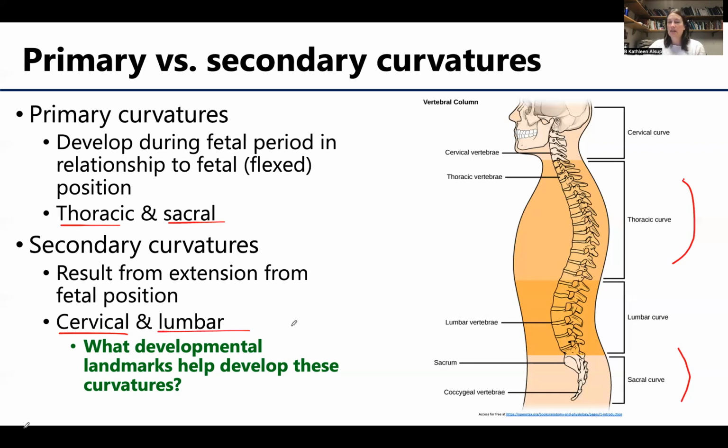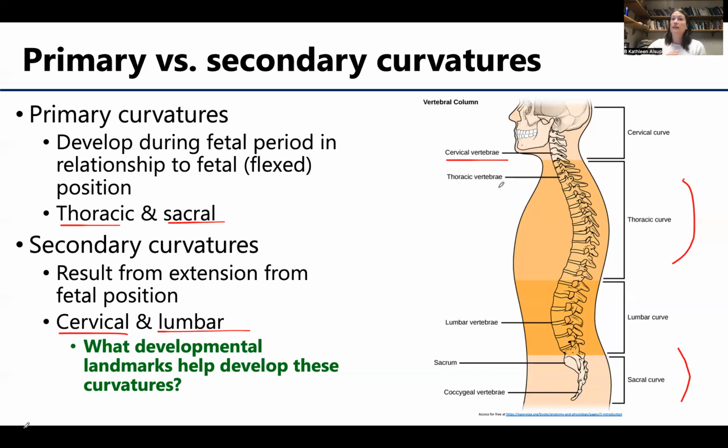So let's think about things that happen that could allow for these curvatures to develop. Think about the cervical region: what's something that happens in that region very early on in the juvenile period? You have to always support the baby's head, right?